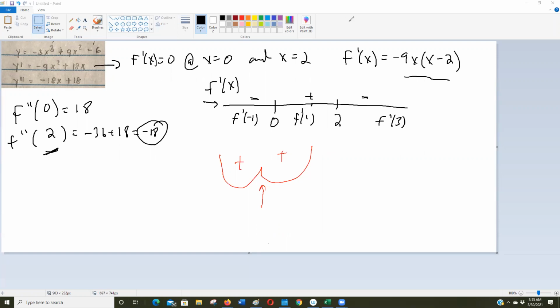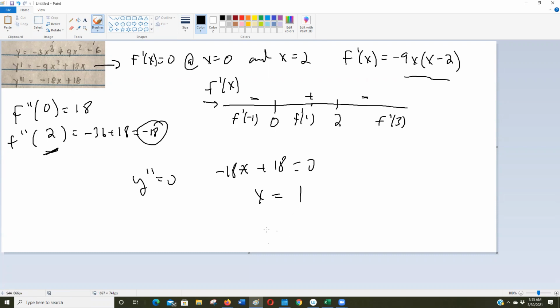Here, let me clear this drawing out. So where does y double prime equal 0? Well, that's at -18x plus 18 equals 0. So I think you said that x equals 1, and that's right. Now we're going to check to see if there's actually a concavity change here. If we drop in 0, something to the left of 1, that'll be positive 18, which is positive.